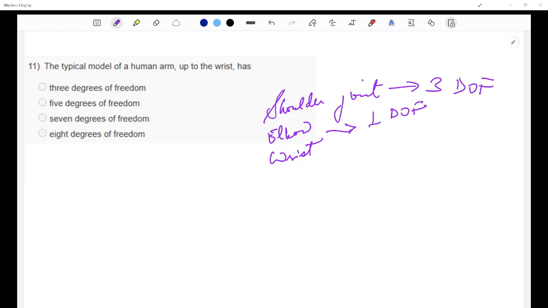Thus, forearm rotation is also 1 degree of freedom, so the forearm contributes 2 degrees of freedom. The wrist joint allows two independent motions, flexion extension and radial ulnar deviation, so it also has 2 degrees of freedom. So the total degrees of freedom that we have are 7.